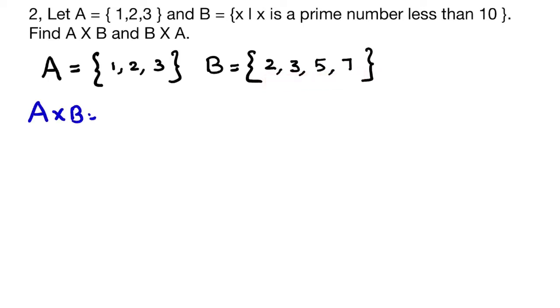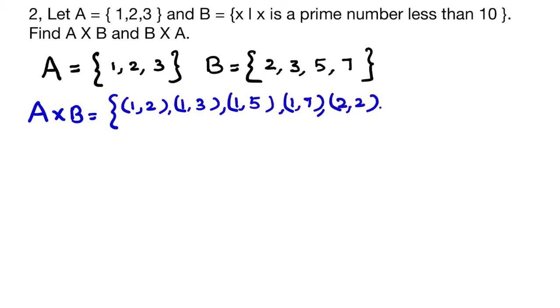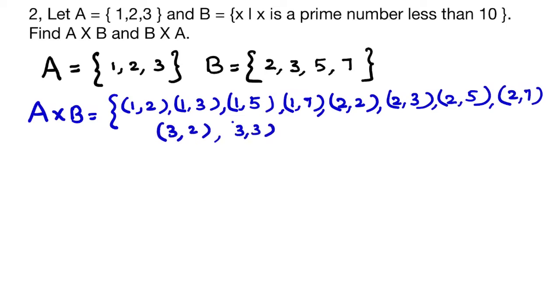A cross B is equal to the set of all ordered pairs (1, 2), (1, 3), (1, 5), (1, 7), (2, 2), (2, 3), (2, 5), (2, 7), (3, 2), (3, 3), (3, 5), (3, 7).